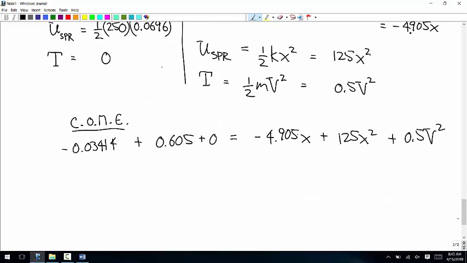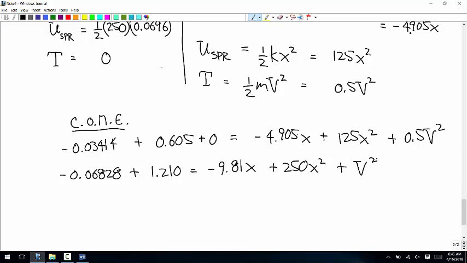Multiply everything by 2, and you get negative 0.06828 plus 1.210 is equal to negative 9.81x plus 250x squared plus v squared. Can you subtract those two constants?